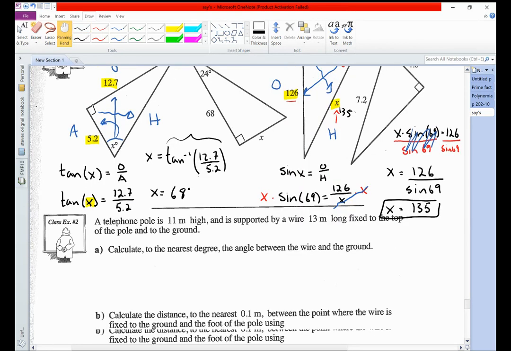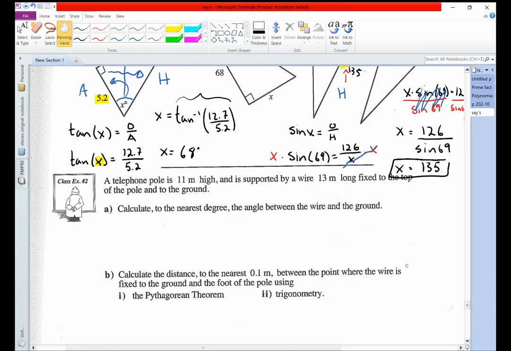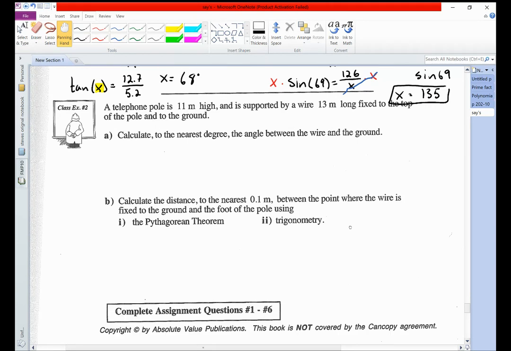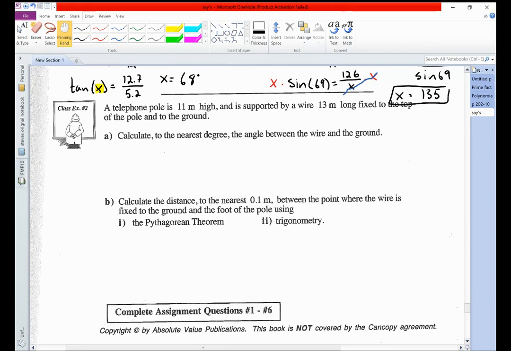All right, word problems. I think this threw people off a little bit on Friday, so let's talk about it a little bit. The first thing you want to remember is that this whole unit is dealing with right-angled triangles. So when you're drawing your diagram, it's probably going to be a right-angle triangle.